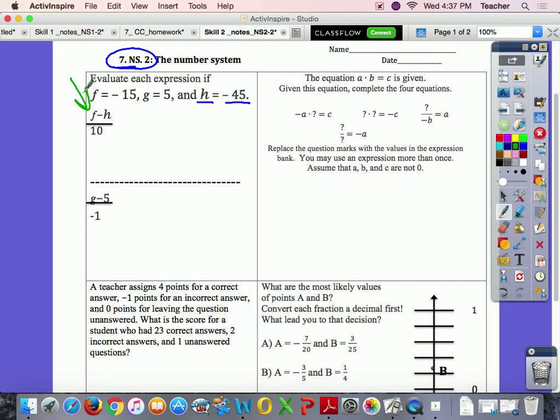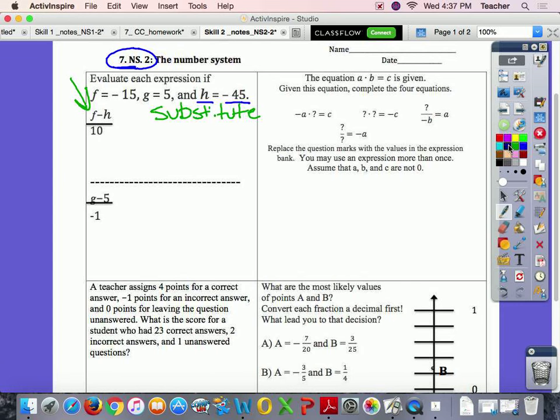What is it called when we have to plug numbers in? Think about in school. Think about when your teacher's missing. Oh, we're going to substitute. So this is substitution. So we're going to substitute these values for the letters. So let's start with the first one.